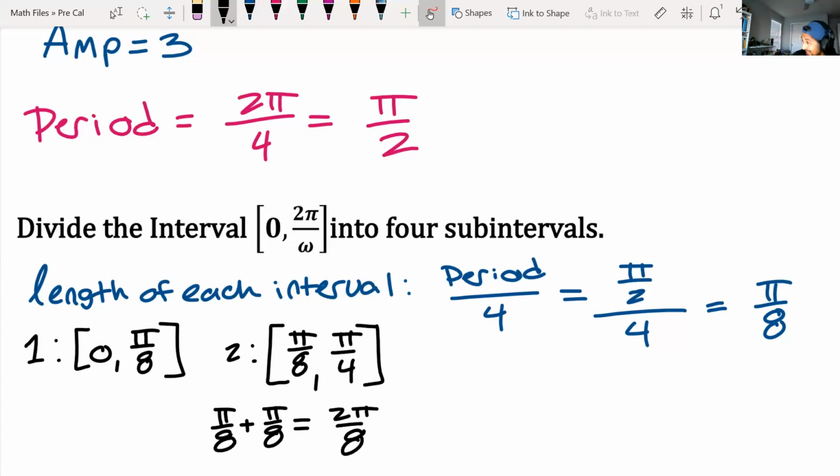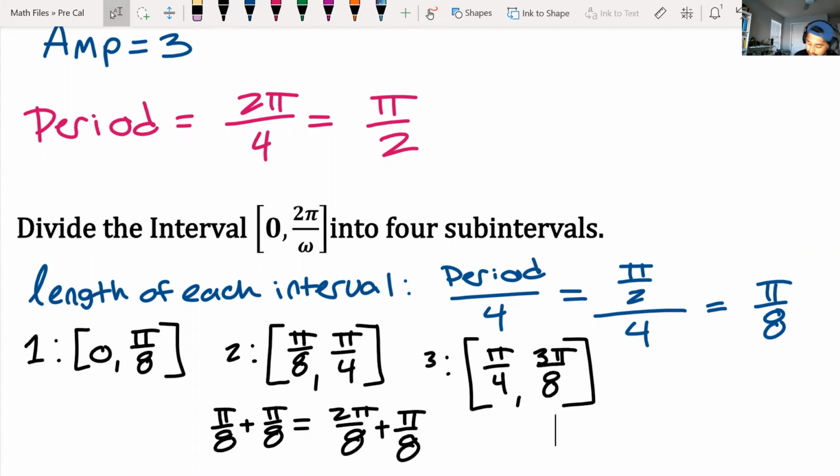And then we'll do it again. Your third subinterval, you start at pi over 4, and you add another pi over 8. So cheat code this. Remember that pi over 4 was 2 pi over 8. So we'll just start here again. Add another pi over 8, and what are you going to get? 3 pi over 8.